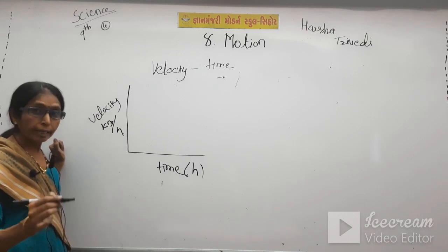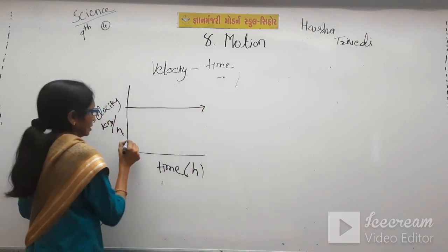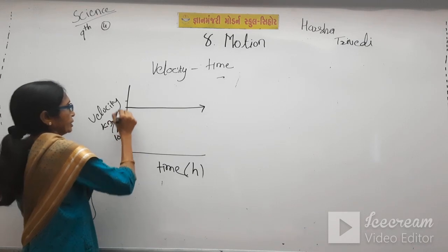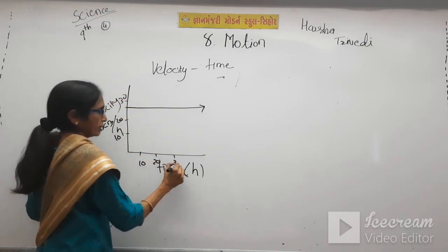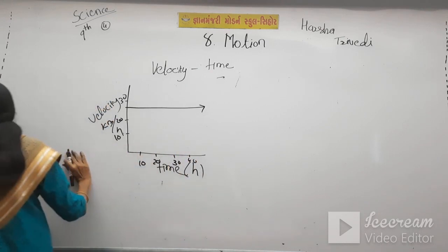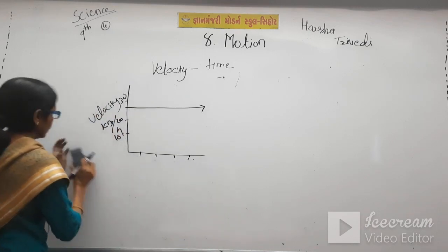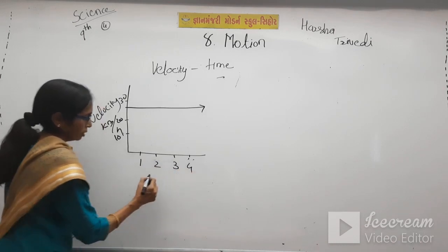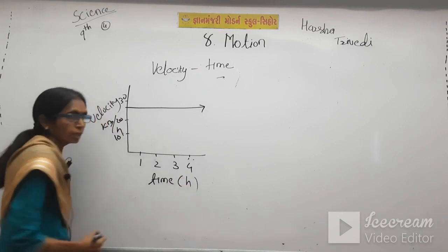Suppose our graph here is a straight line. 10, 20, 30, 40. One, two, three, 4. Time in hour.